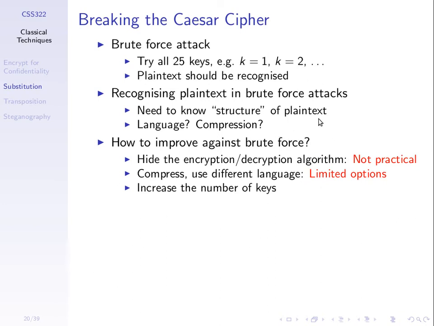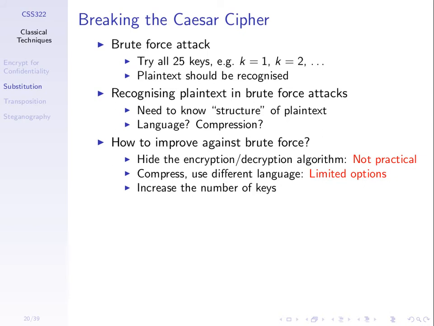What can you do? Well, people sometimes suggest, okay, well, to do a brute force attack, you must be able to recognize the plaintext. And in most plaintext messages you can. They have some structure that you can recognize, so it's not hard in practice. Some people say, well, don't tell anyone what encryption algorithm you used.